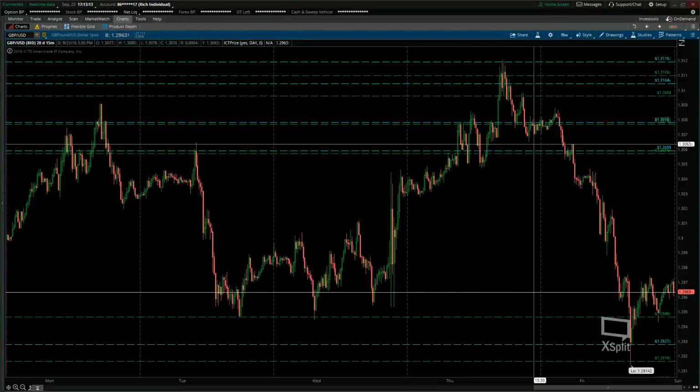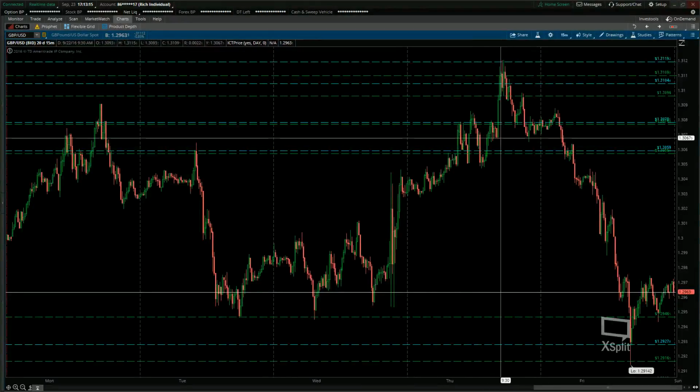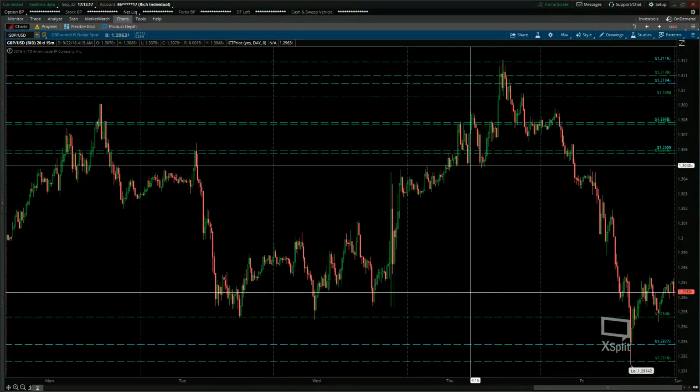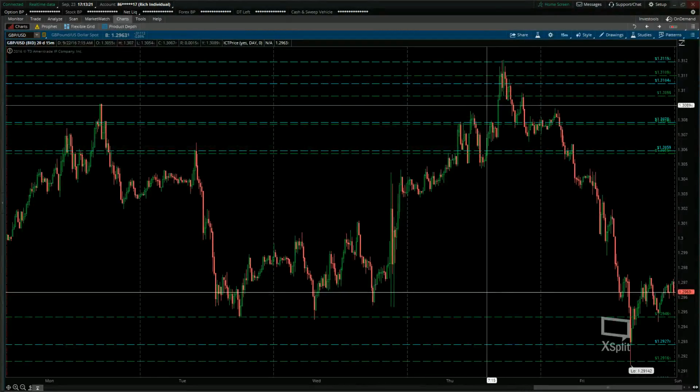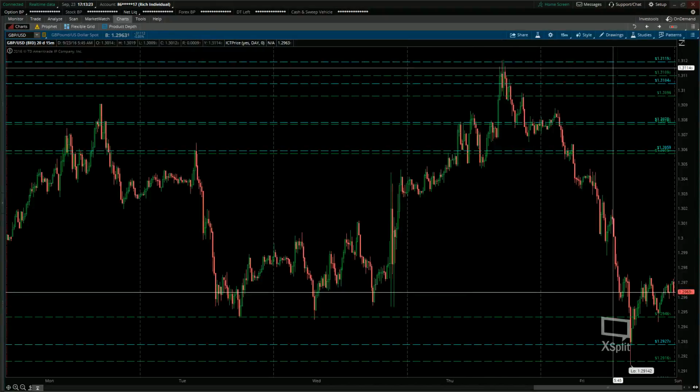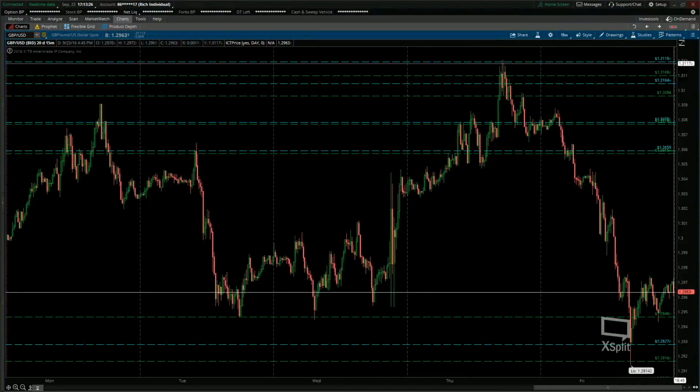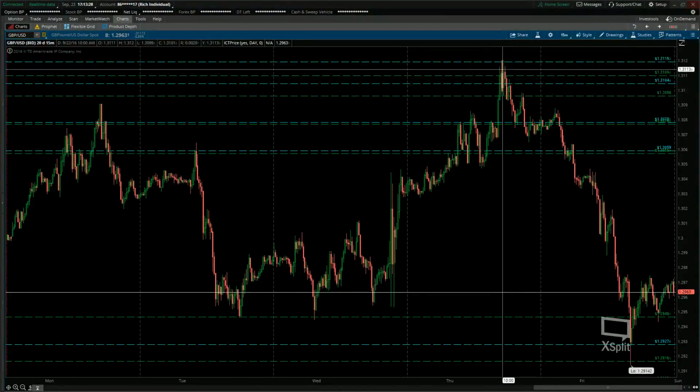So on the 15-minute, this is the trade I took yesterday. I was watching this area here, and then it went up and ran the stops and then stopped at 1.3119, and the high of the day was 1.3120.